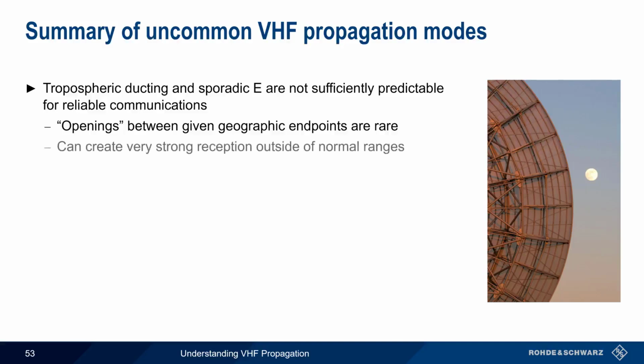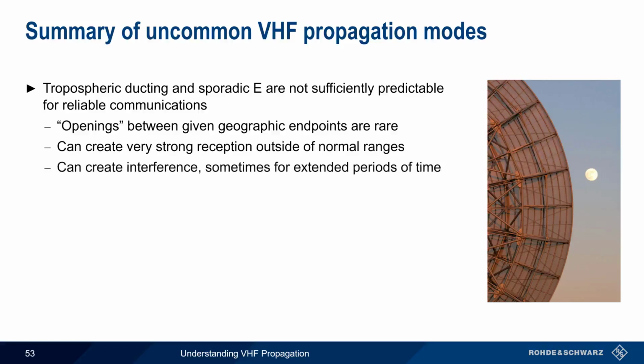That said, these modes do create very strong reception outside of normal ranges, so the significance of tropospheric ducting and sporadic E is that they can create interference, sometimes for several hours or even days. Therefore, it's important to be aware of these modes and the possibility of receiving strong signals due to these modes.